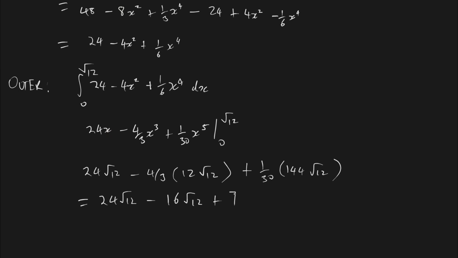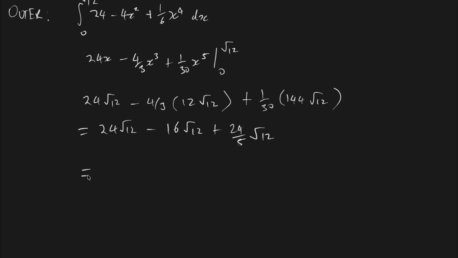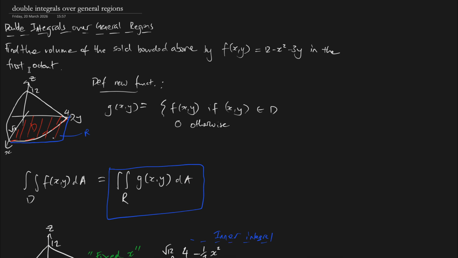I think that's correct. Yeah, I'm happy with that. Root 12. So the final answer is 8 root 12 plus 24 over 5 root 12. Or, to put it a little nicer, we can say that's equal to 40 over 5, so 64 over 5 root 12. There's our final answer. Hope you enjoyed this video, and yeah, maths is great.